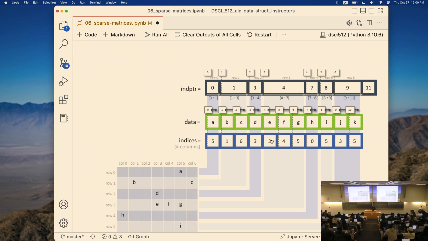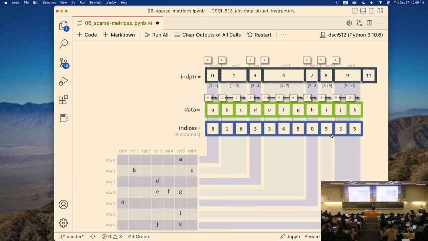That's row 1, that's row 3. I think that has to do with the number of elements that's stored for that range of indices. That's my guess, but I have to check that to be sure. Okay, I think it makes sense.